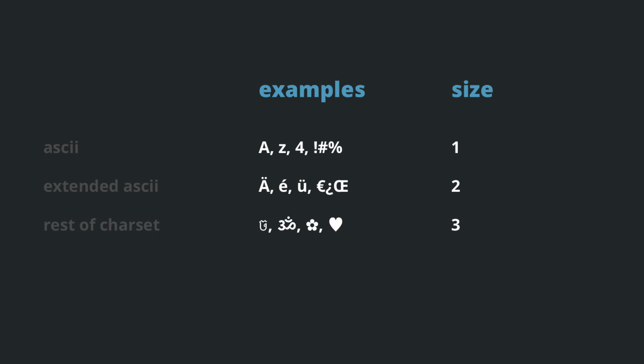Extended ASCII that includes Cyrillic and Latin characters like umlauts and accents take 2 bytes, and the rest of the characters in the UTF table, including things like other foreign languages and musical notation, take 3. This all means if you had a file name consisting of only kanji characters, you'd have a limit of 255 divided by 3. It's something like 85, I believe.